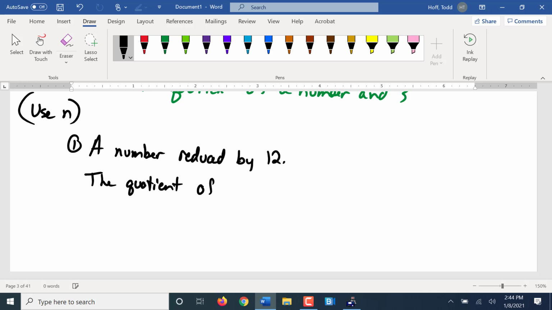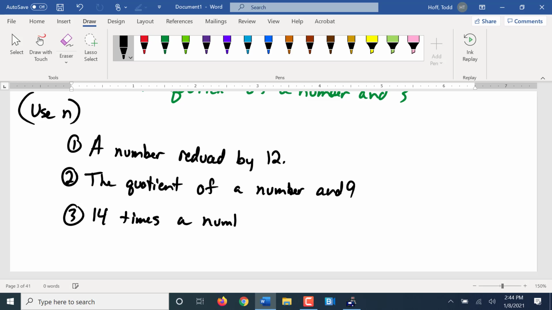The quotient of a number and 9. 14 times a number. And 8 more than a number.